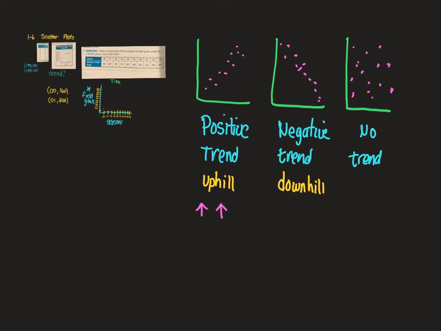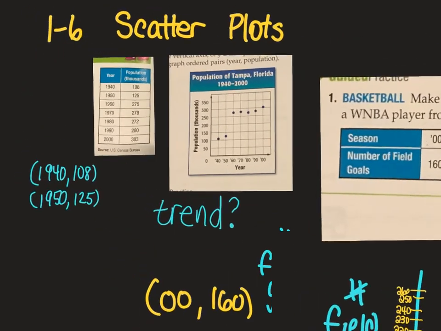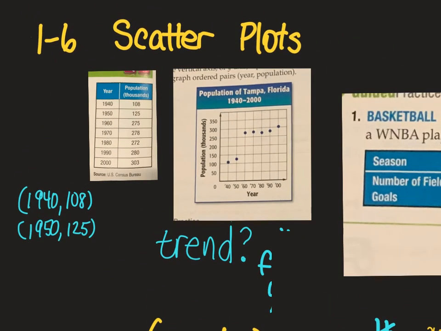Now, what do I mean by that thing? Well, it depends on our chart. But if I go back over to this chart, as the year got bigger, the population got bigger. So this one I would consider a positive trend. It would be nice if it was just a little more straight, but as the year gets bigger, the population is also getting bigger.